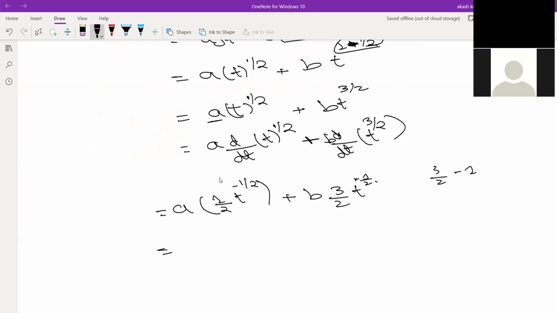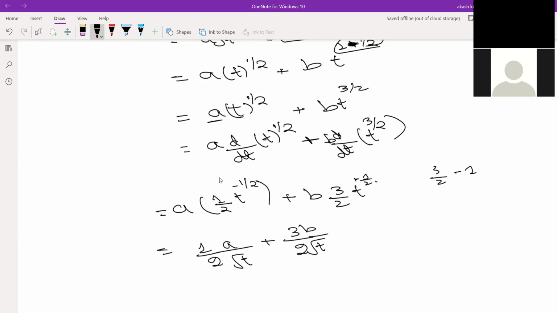So half a, we can write it like this: 2√2 times square root t. Right? And then plus 3/2 b times square root t. Right? Because of the minus half. Yes.